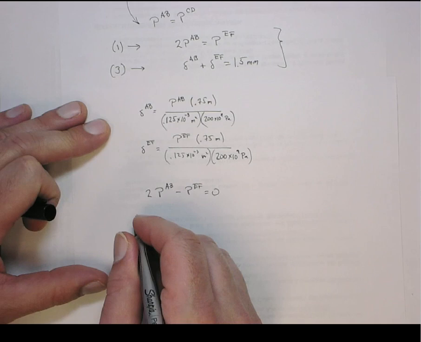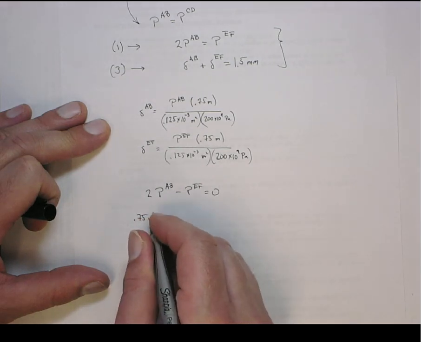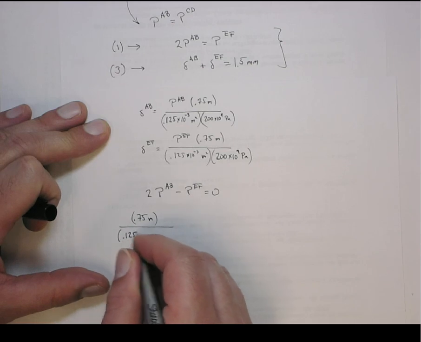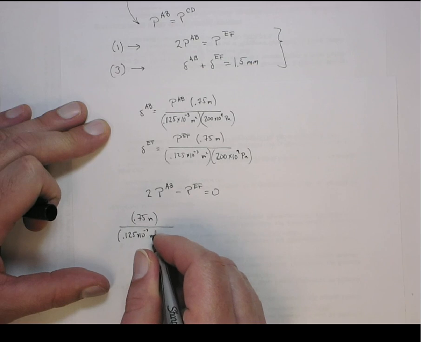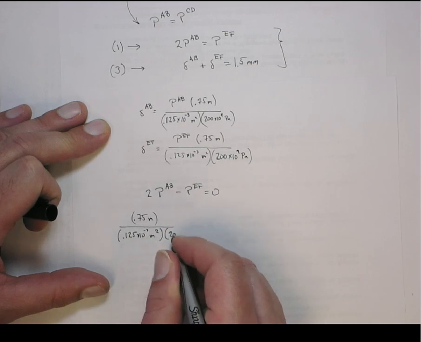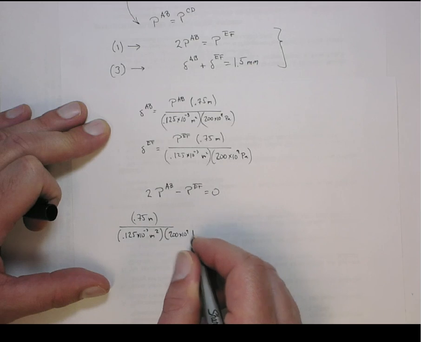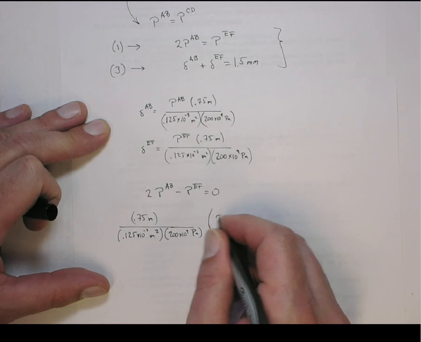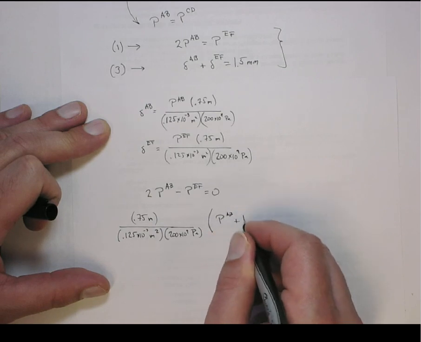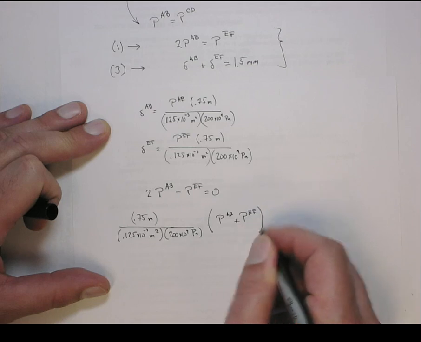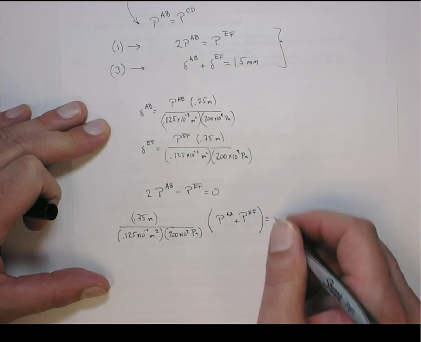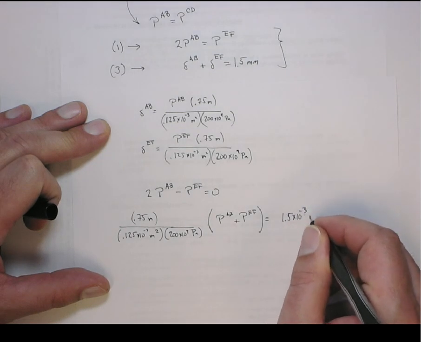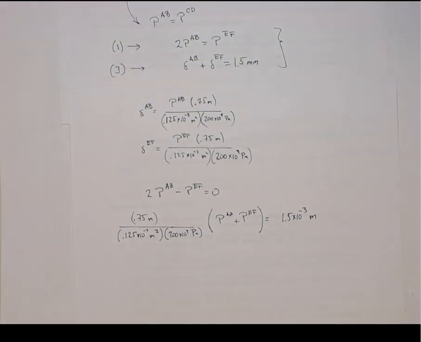So I got 0.75 meters over 0.125 times 10 to the minus third meters squared, 200 times 10 to the ninth pascals, times PAB plus PEF equals 1.5 millimeters. So that's 1.5 times 10 to the minus third meters. Okay, so now everything's all in SI units.